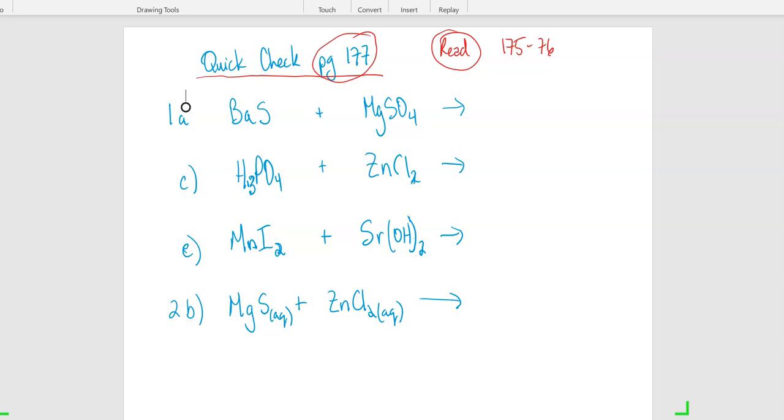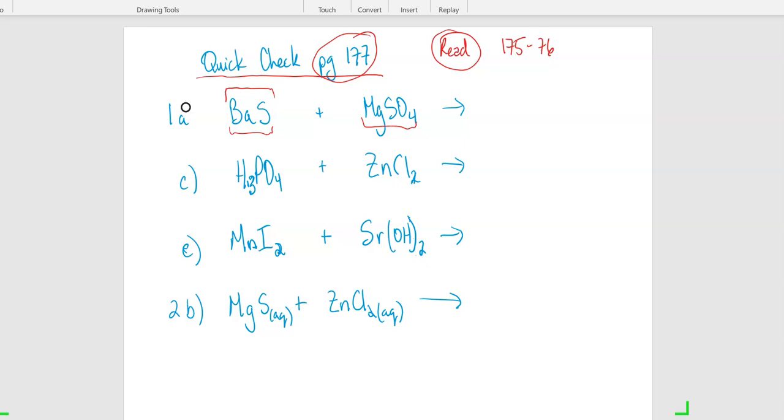Here it wants you to just write the formula of the precipitate that forms. So we want to look at these as just double replacement reactions, and so we're essentially swapping partners, right? But you have to be really careful when you swap partners, because the ratio between the elements barium and sulfur here is not necessarily going to be the same.